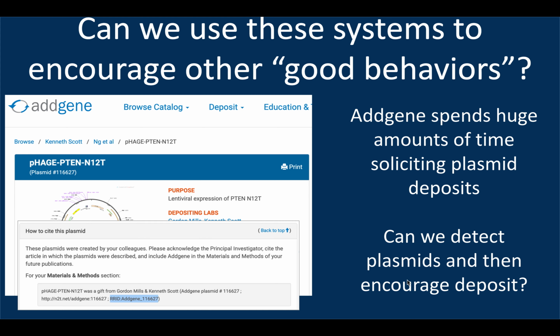So one of the questions that we got is, hey, can we detect plasmids in the text? And then can we encourage authors to actually deposit those or any of the other reagents that might be used? How can we potentially work either with the journals or work with some tools like SciScore in order to be able to encourage these good behaviors.